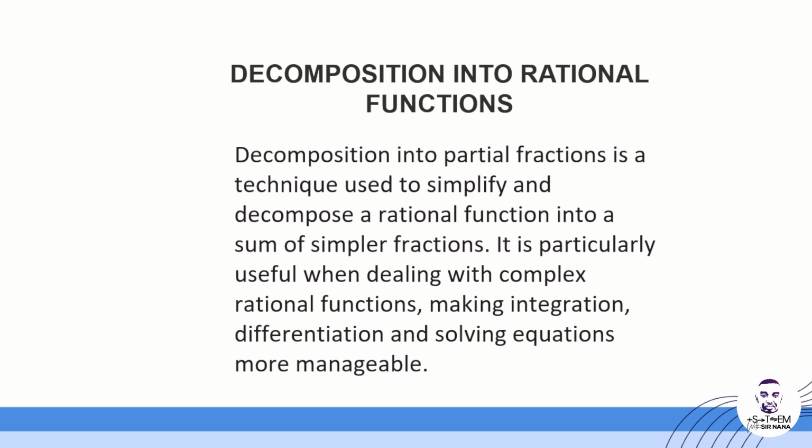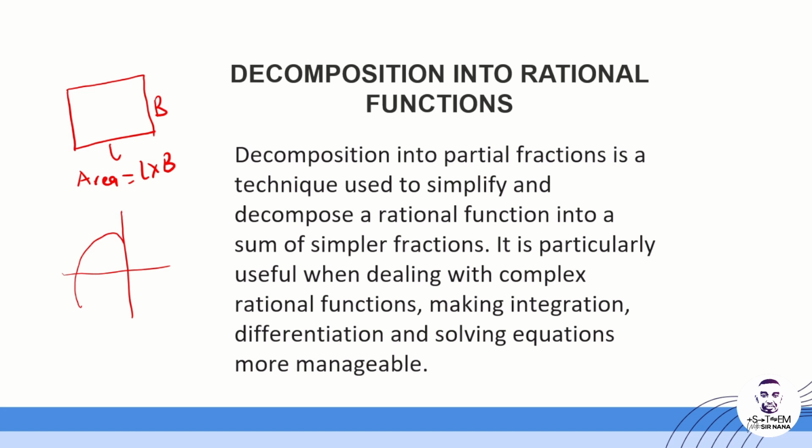Now, let's consider this. Basically, when we have plane shapes like the rectangle, for instance, we can get the area of the rectangle simply by multiplying the length times the breadth. So the area of a rectangle is length times breadth. But with rational functions, we know that the graph of the function can be a curve.